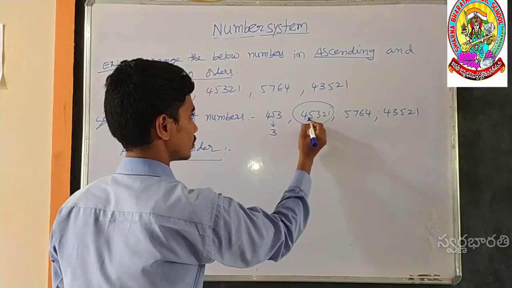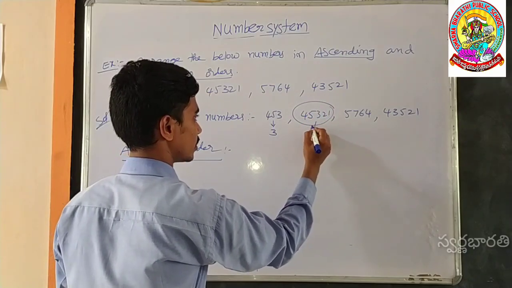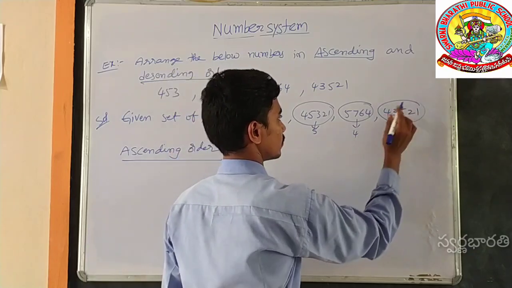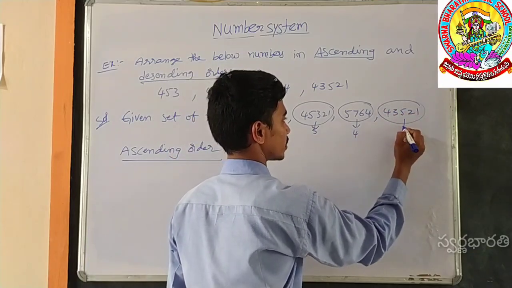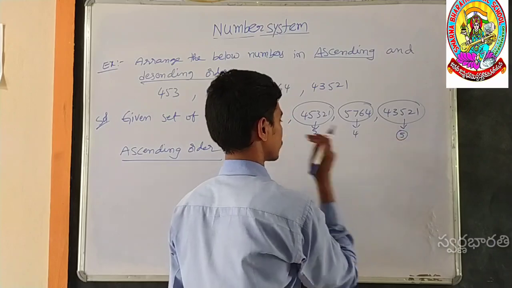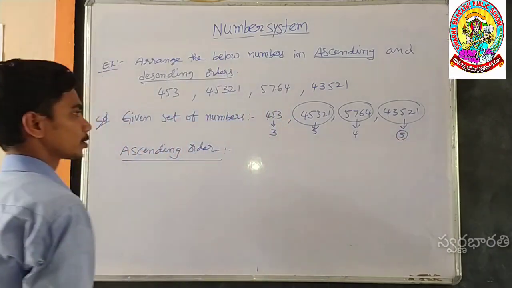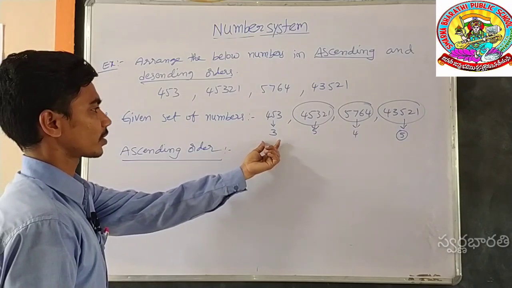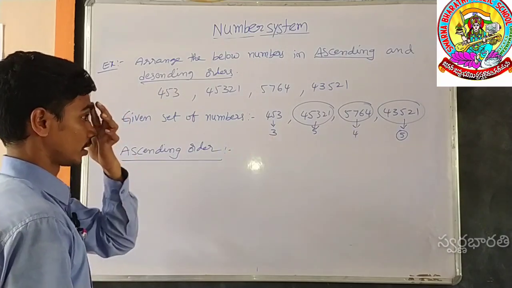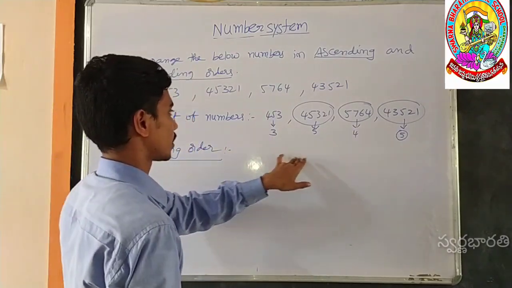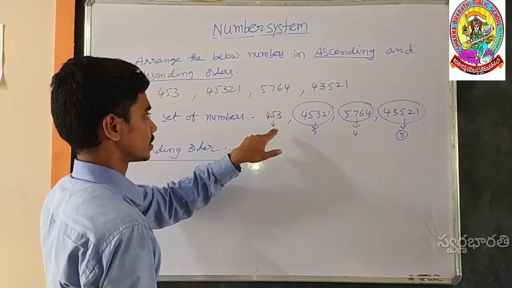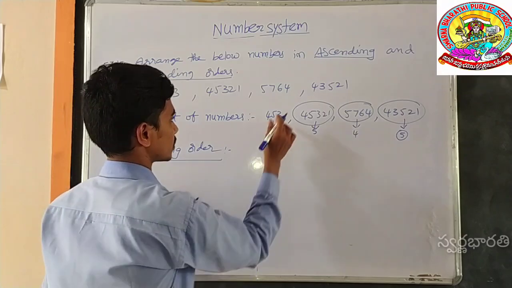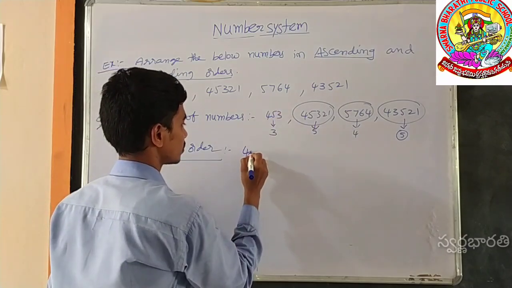Here, 1, 2, 3, 4, 5 digits. Here 4 digits. Here 1, 2, 3, 4, 5 digits. In comparison, the number with the fewest digits is the smallest number. In the given set, which one contains the fewest digits? 3 digits, that is 453. That's why 453 is the smallest number.